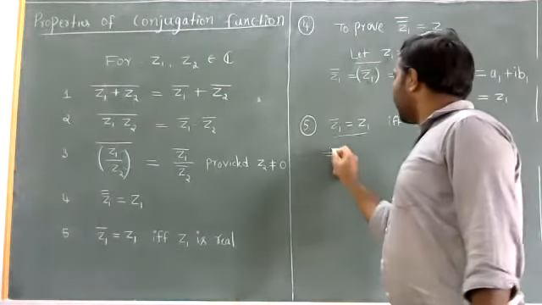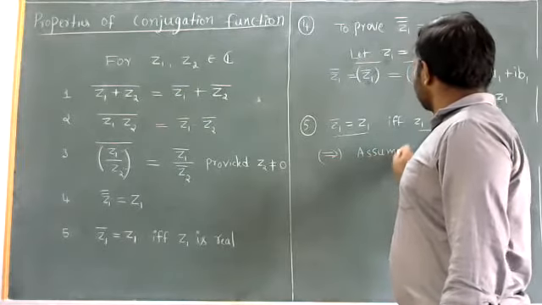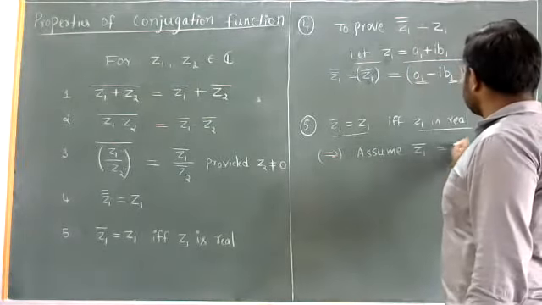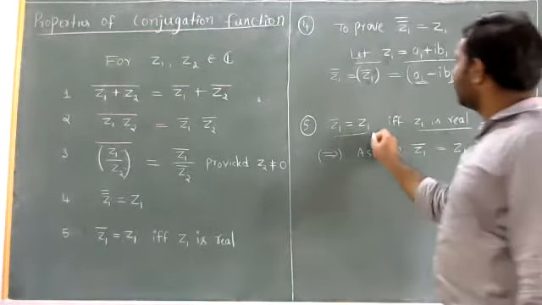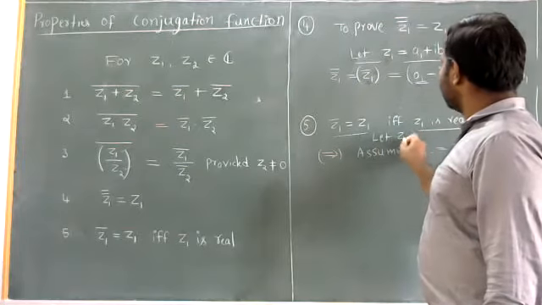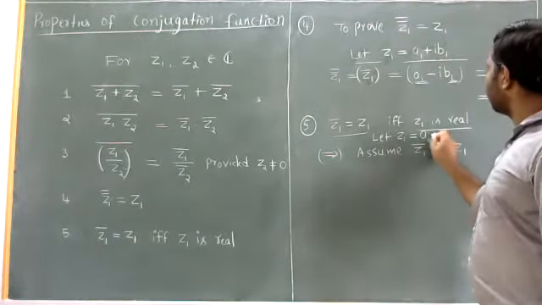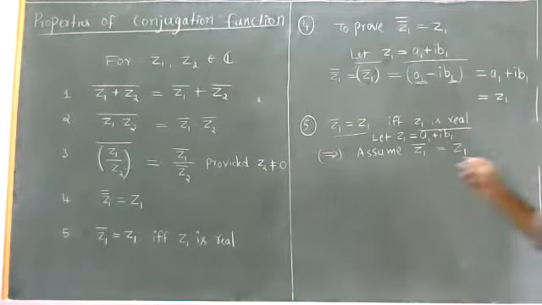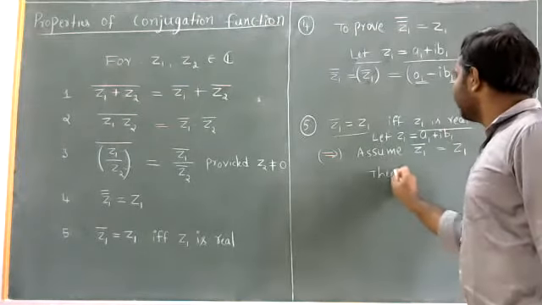So in the direct part, what we have to assume? Assume Z1 bar equals Z1. And in common, once again I take some representation for Z1 as some A1 plus IB1. Now Z1 bar is nothing but Z1. So use this equation.